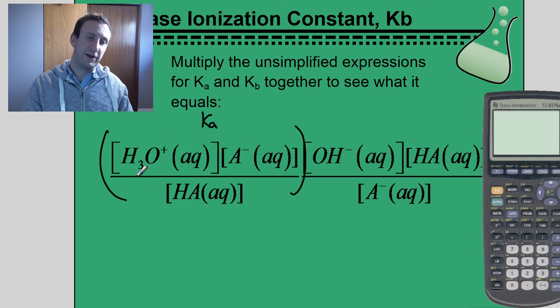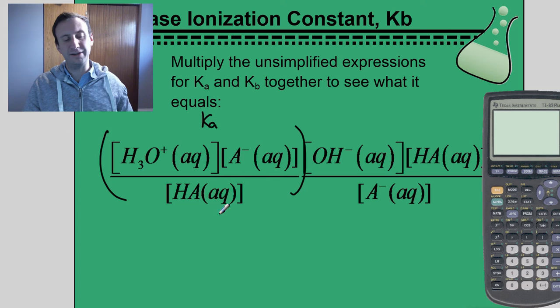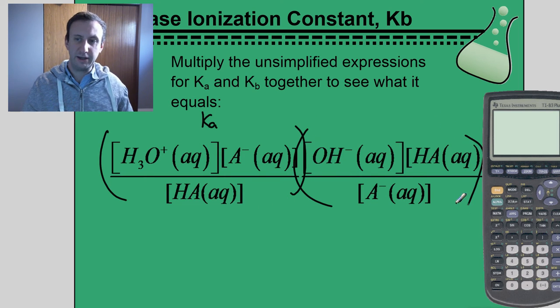The products are hydronium and then the conjugate base, divided by the reactant of the original acid. Water doesn't come into here because water is a liquid, so it isn't part of the equilibrium expression. And then this right here is my Kb, where I have hydroxide multiplied by the conjugate acid, that would be in the products, divided by the base concentration.